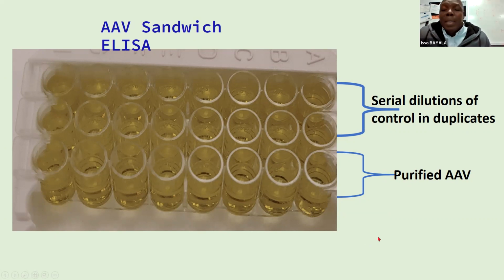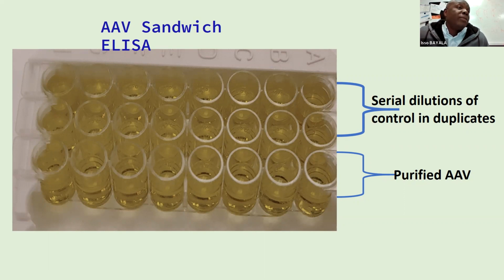This is a sandwich ELISA. The protocol is simple and straightforward. You prepare the reagents, and there are a lot of washes and incubations. It takes about 2 hours. Then we read the absorbance, the optical density at 450 nanometers.